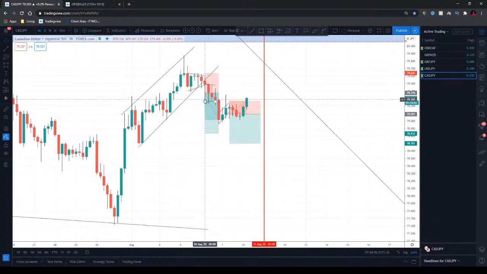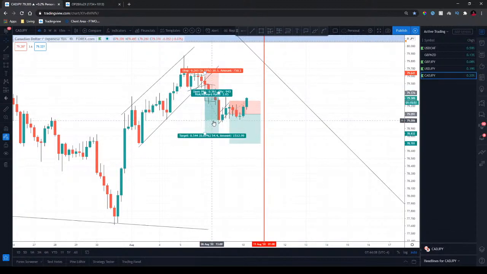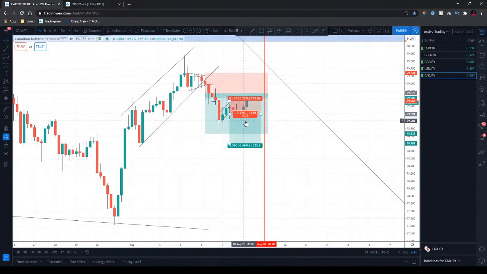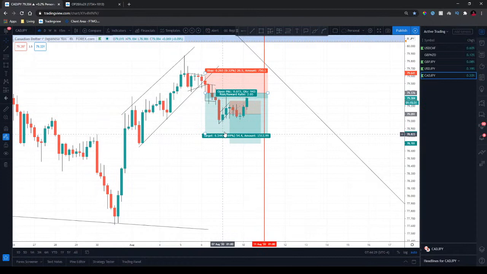The first position gave us a little bit of profit, and we can see that's coming back up to our entry point. Our second position actually hit SL today. But we were looking for a short little sell there.